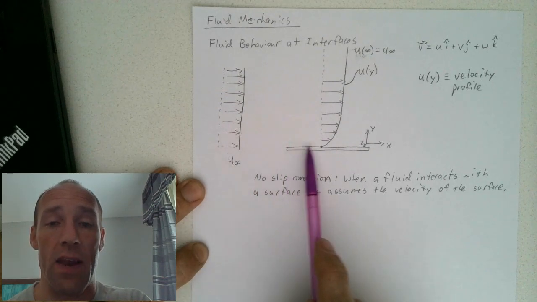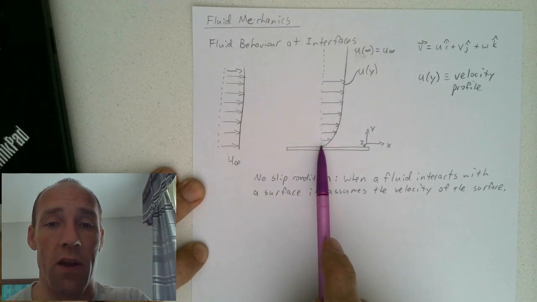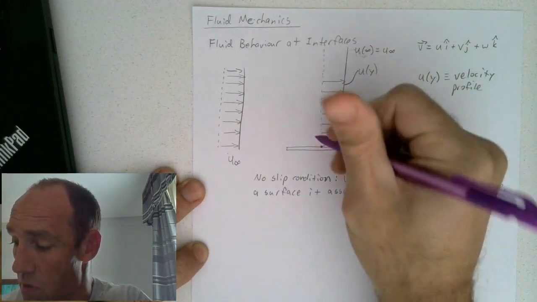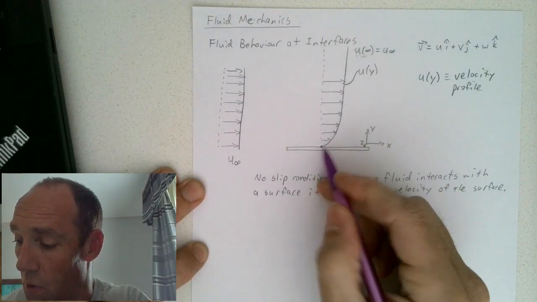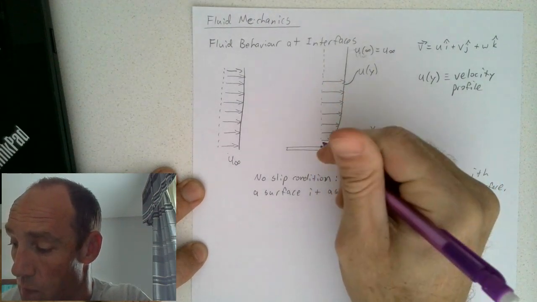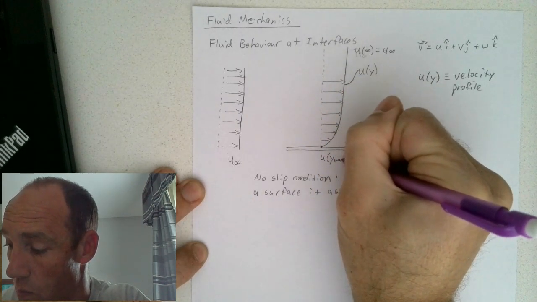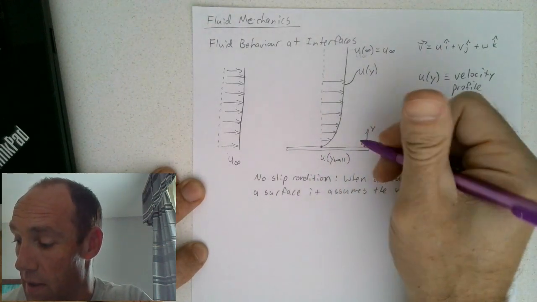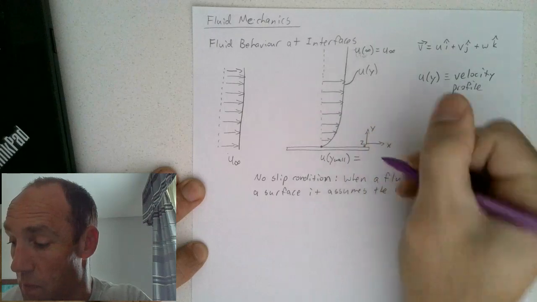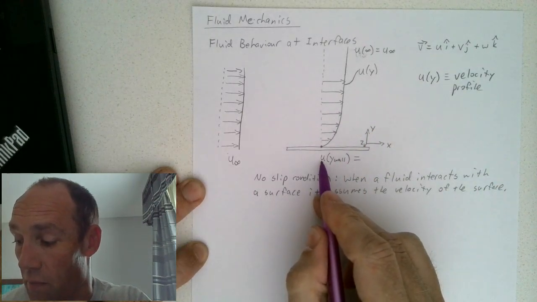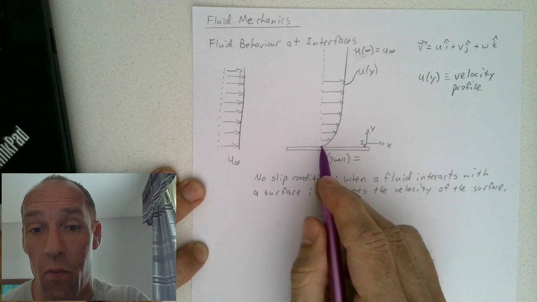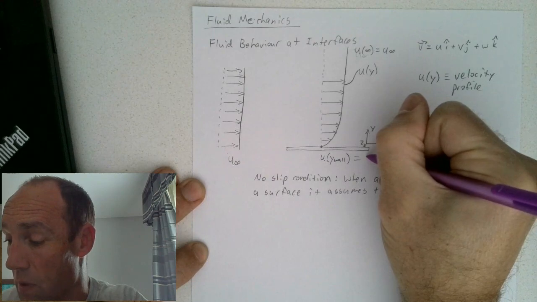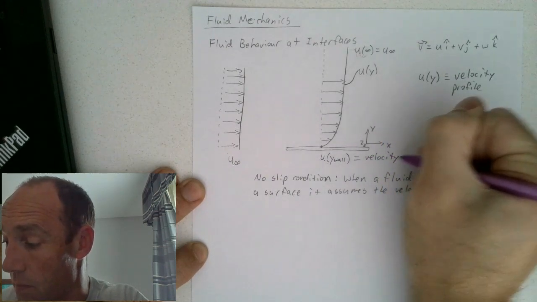As it interacts with the plate, the fluid in contact with the plate assumes the velocity of the plate. So if I describe that as y wall, which in this case is where y equals 0, the velocity evaluated at the y value at the wall equals the velocity of the wall.